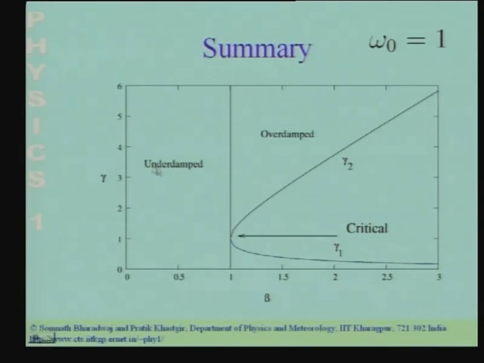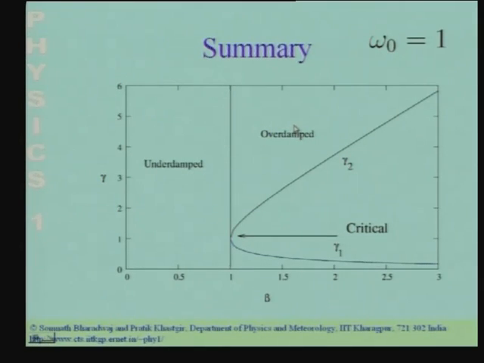The oscillator oscillates, and the amplitude of the oscillation decays exponentially. If beta, the damping coefficient, is more than omega naught, which in this case is 1, you have overdamped oscillations. For an overdamped oscillator there are no oscillations.